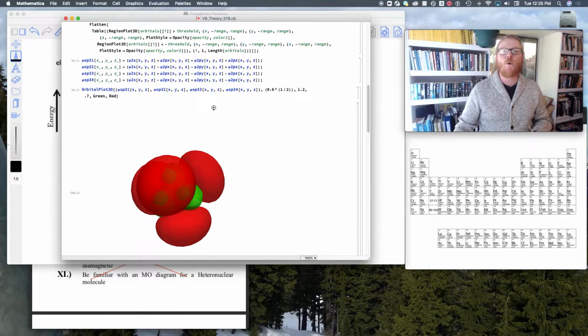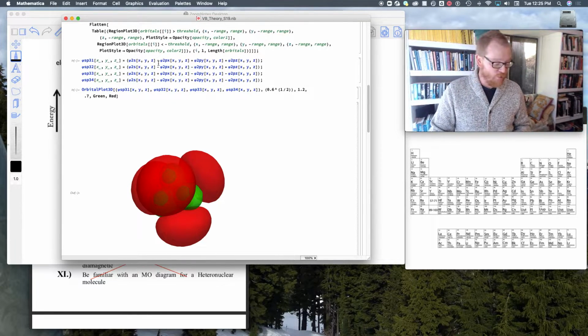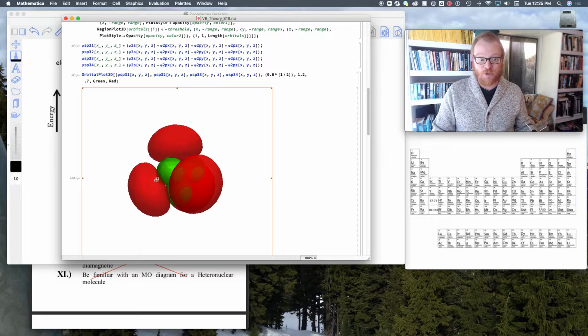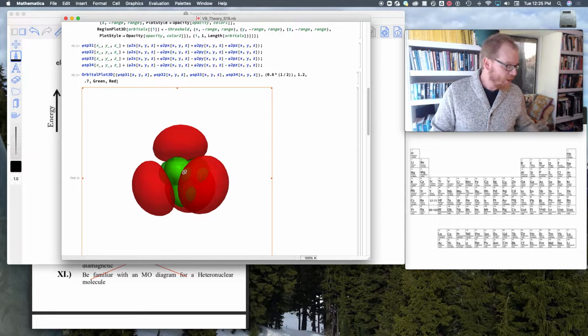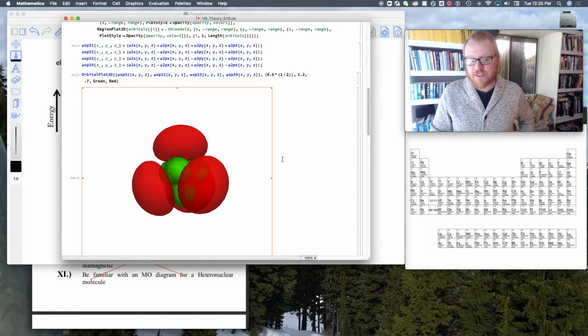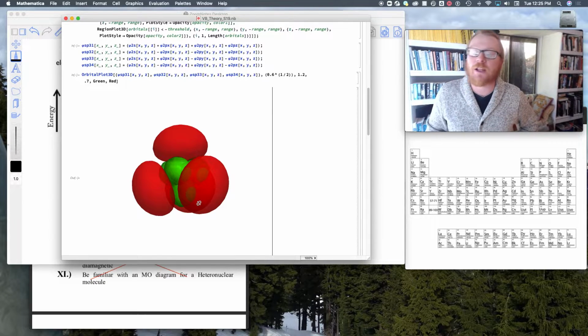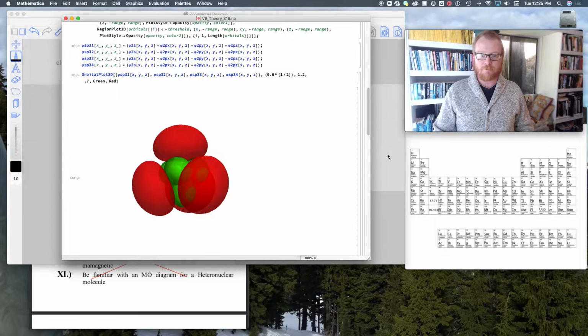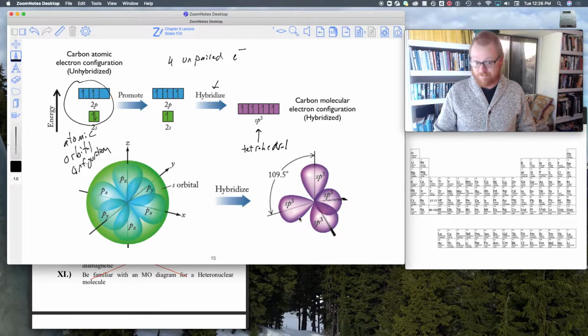But what's really cool, when you solve the mathematical equations given by quantum mechanics, you get this tetrahedral shape, which is really neat. So if you're interested in this, we're going to do this in my Chem 362 class, that for you chemistry majors, you'll take that class as a senior. Okay, so we get this sp3 tetrahedral shape.